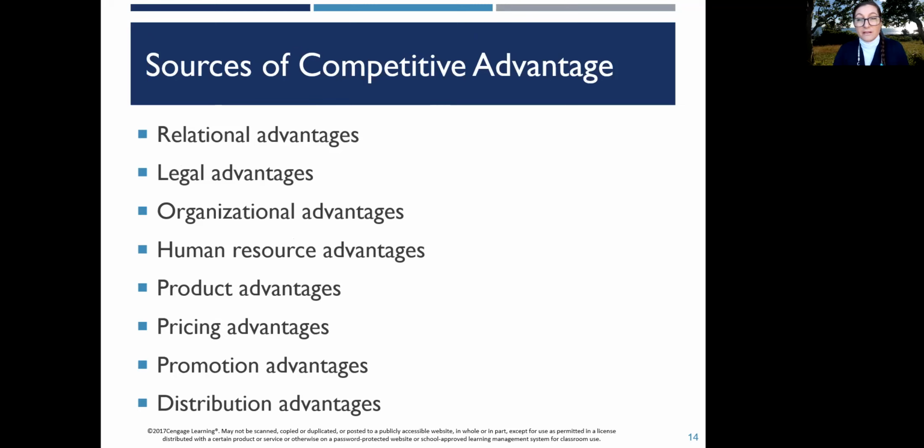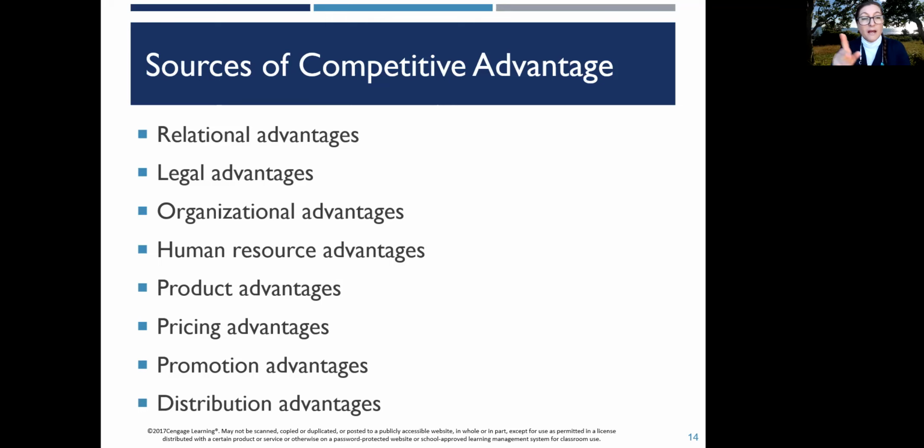But competitive advantage can come from many points or places, right? We can talk about relational advantages that we have in the marketplace, and this can be with strategic alliances, supply chain partners, customer relationships in the marketplace. What other relational advantages?